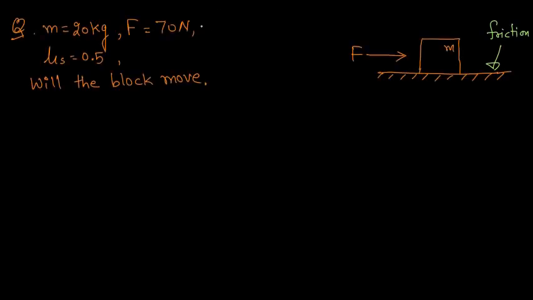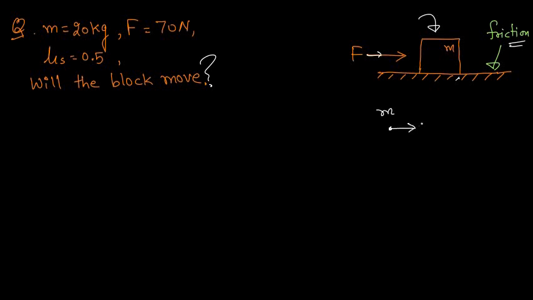So let me write the problem. So this is your problem where there is a block of mass m, a force F is applied, on a block on a surface with friction. Okay, so the question is, will the block move or not? So let's draw the free body diagram of this block m.